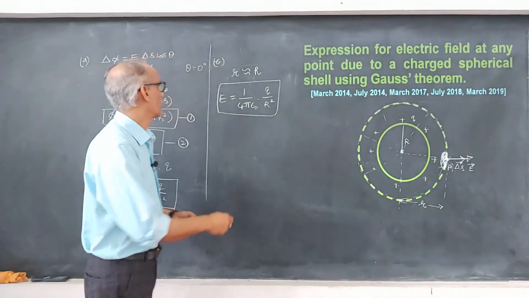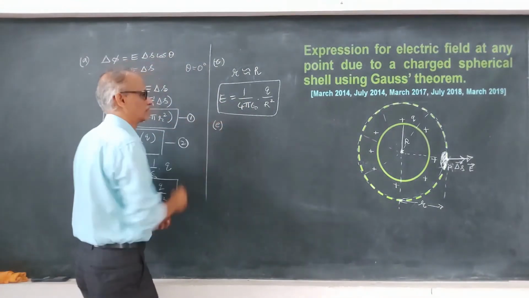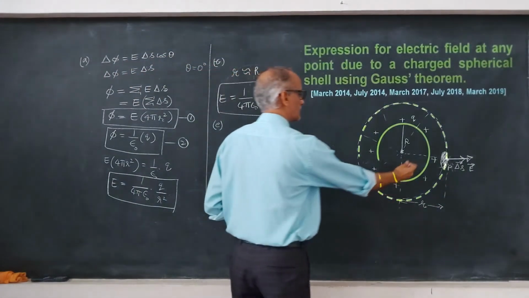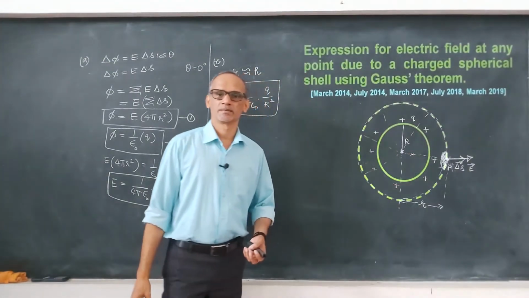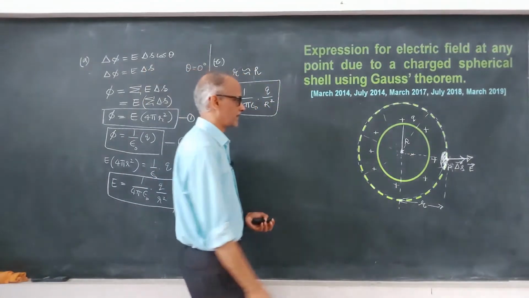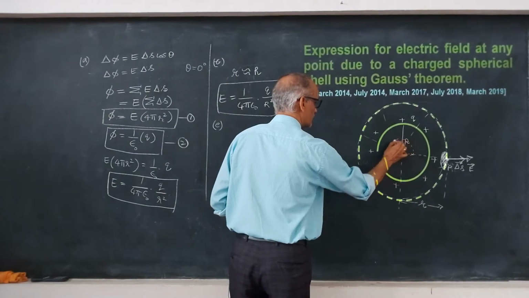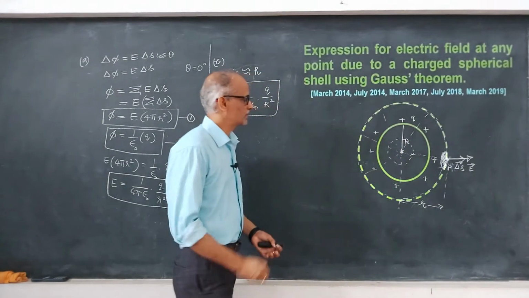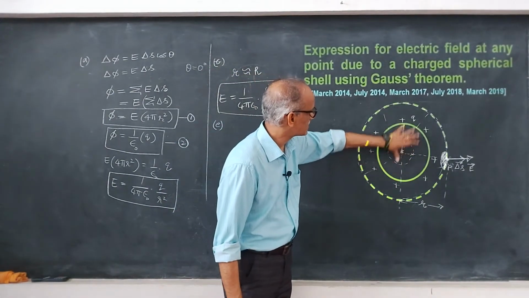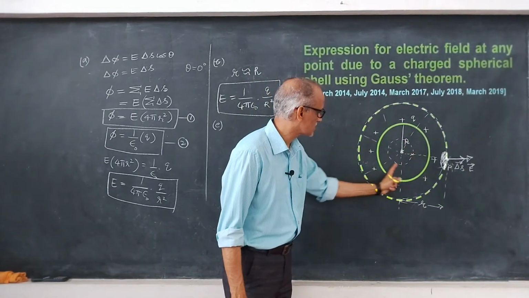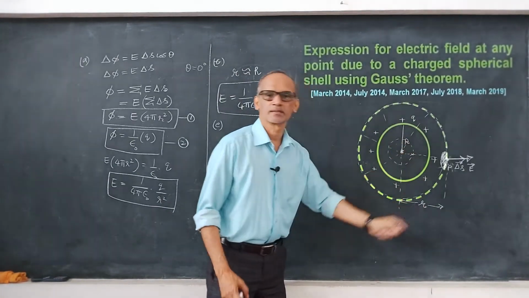Understood? Case number 3, when the point is inside. If I take a point inside and then assume a Gaussian sphere, then you get to see that the charges are outside the sphere, they are not enclosed by the sphere.